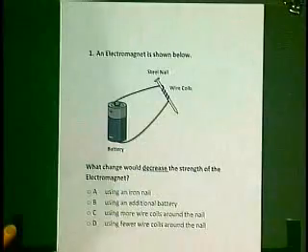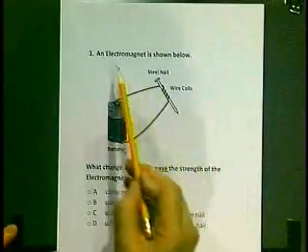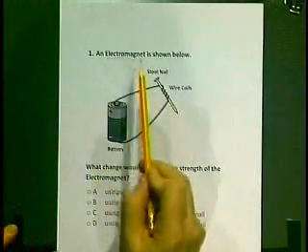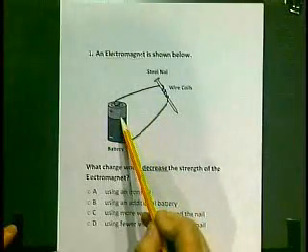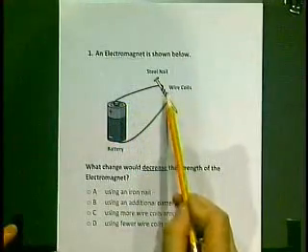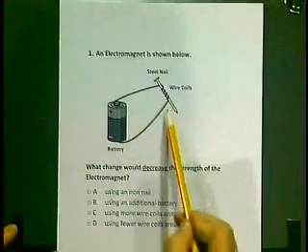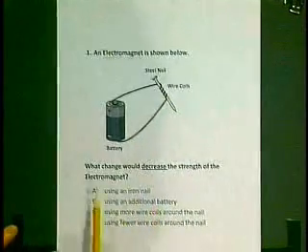Question number 1. An electromagnet is shown below. Now remember, electro, like electricity, and a magnet. It's an electrical magnet. The power comes from a battery, goes through the wire, through the coils, with the metal nail in the middle, and you get a magnet created with electricity.